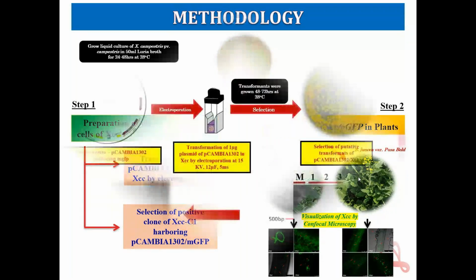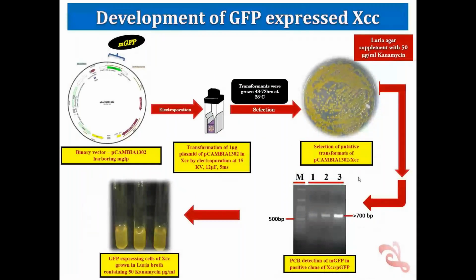Overall, the GFP expressing bacteria were prepared by using 1 microgram of plasmid pCAMBIA 1302 and electroporating it into Xanthomonas campestris pv. campestris electrocompetent cells.